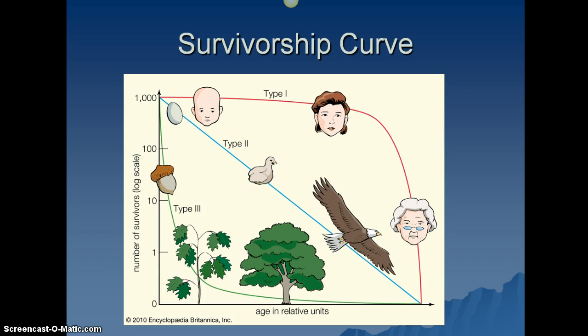And then type 3, these individuals or these populations have a low chance of survival when they're first born. So an example here is a seed. Also, another example would be sea turtles. So when they're first born, they're out in the beach, very exposed to the elements and to people, to predators, and they have to make it all the way out to the ocean.